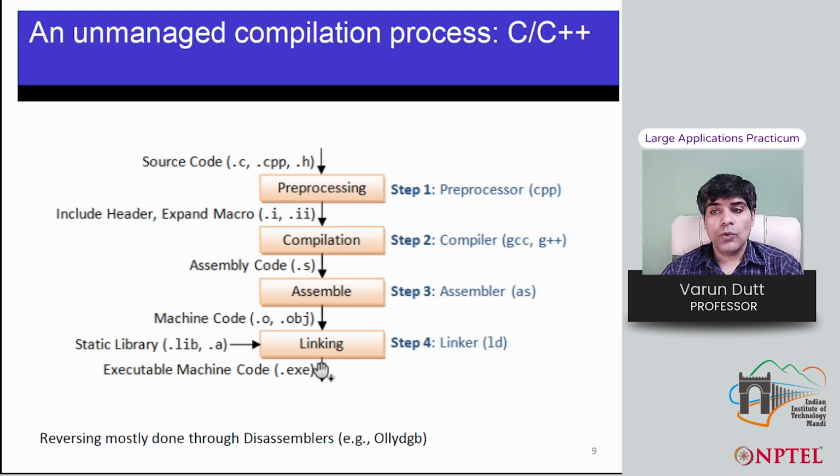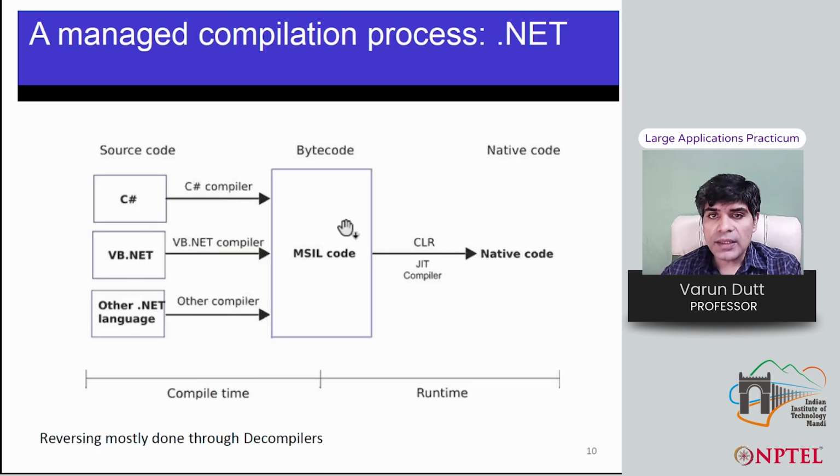So this kind of code we can actually run through tools like OllyDbg or GDB, which are disassemblers, also with built-in debuggers. The other is the managed compilation process, which is generally followed in .NET programs, Java programs, like C#, VB.NET and other .NET languages, where when you compile these programs, you get something called the Microsoft Intermediate Language code or the bytecode.